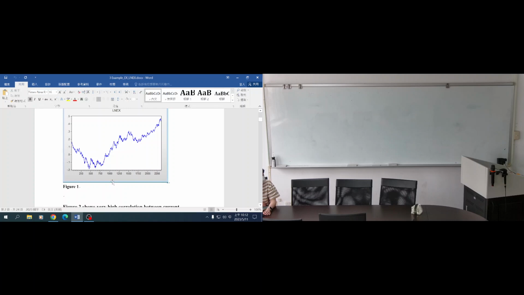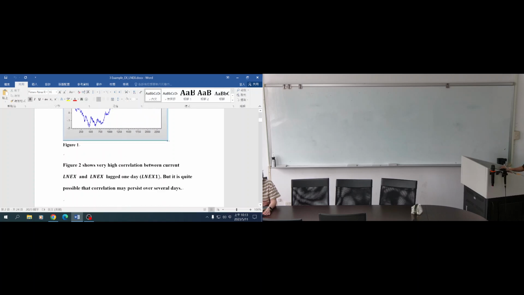This is the time, and this is the LNEX. How do you see it from this graph? Some of it drifted down, then drifted up. So this is a typical example of non-stationary data, okay?